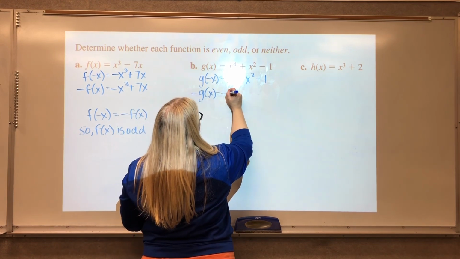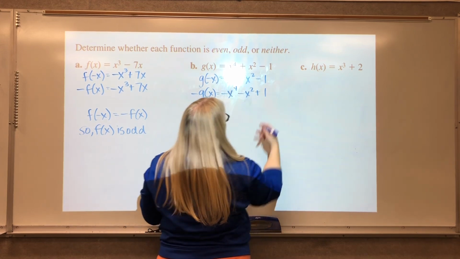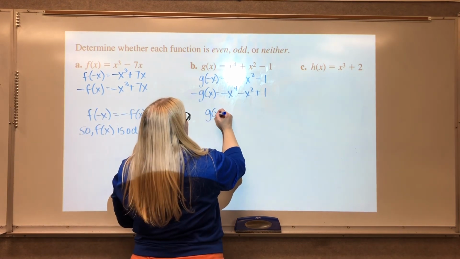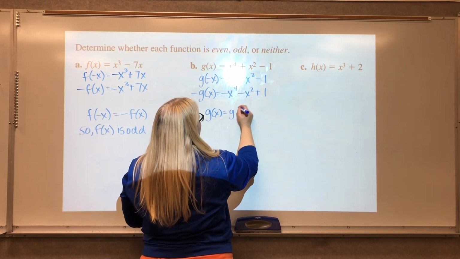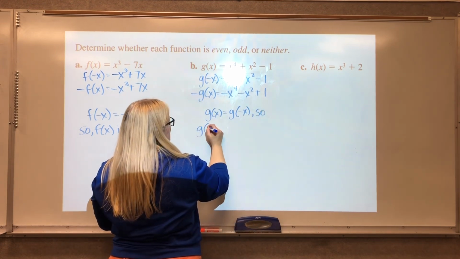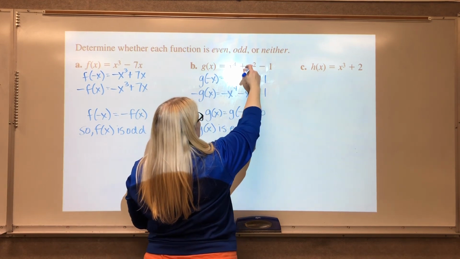That gives us negative x to the fourth minus x squared plus 1. Okay, what do we notice about this? g of x equals g of negative x. So g of x is even, right? Because these two are the same.